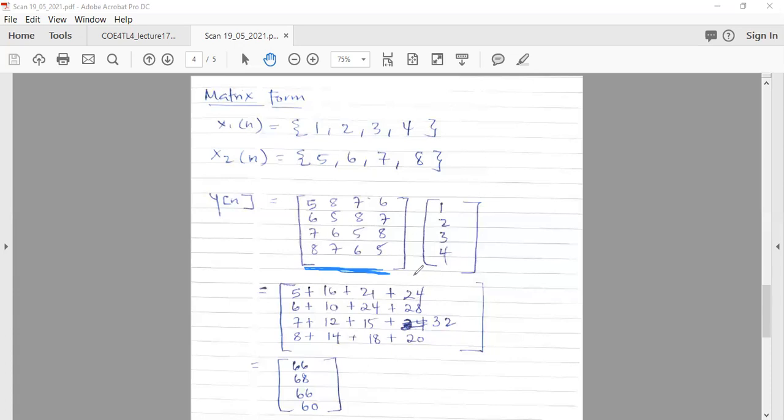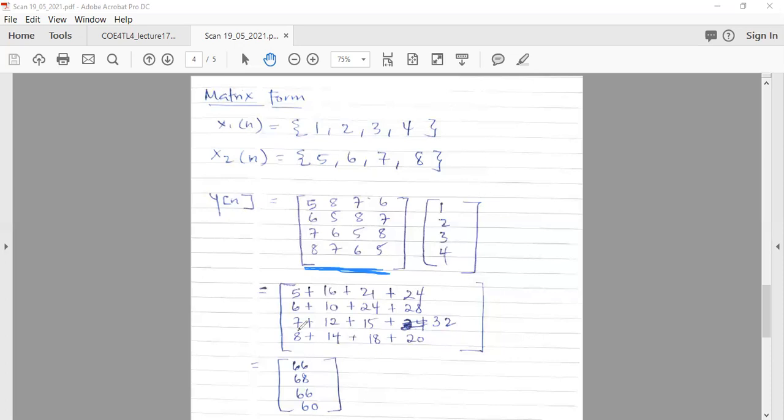That's how you get the first term, the first term of y of n, that would be y of 0. Summing that up gives me 64.